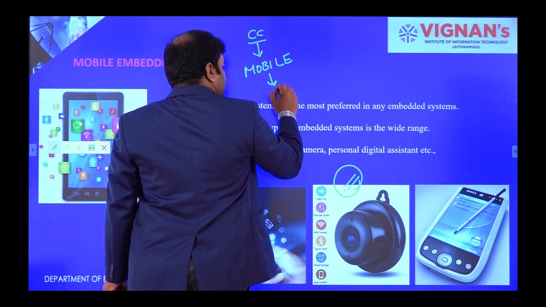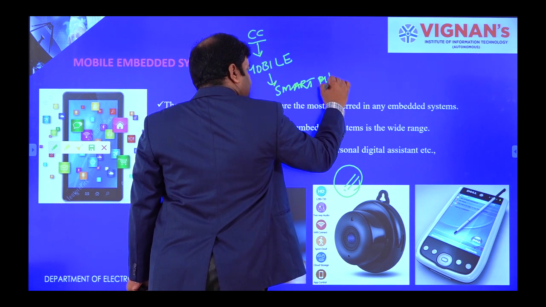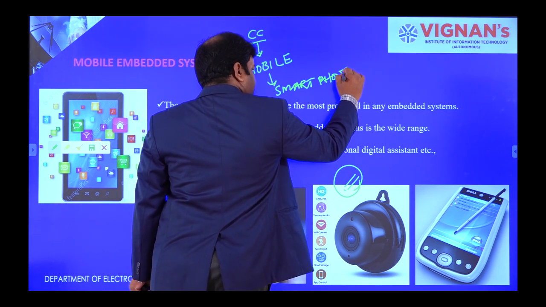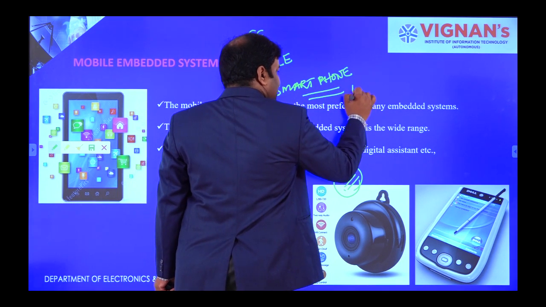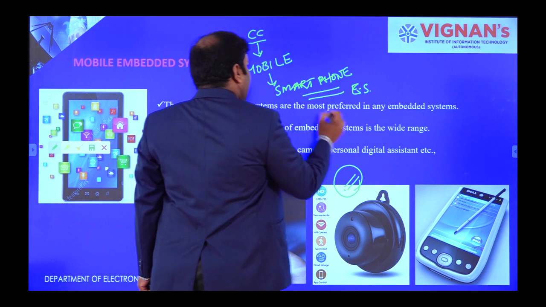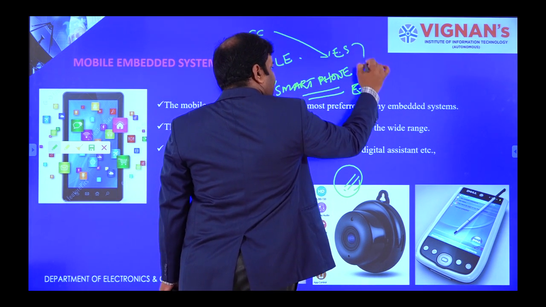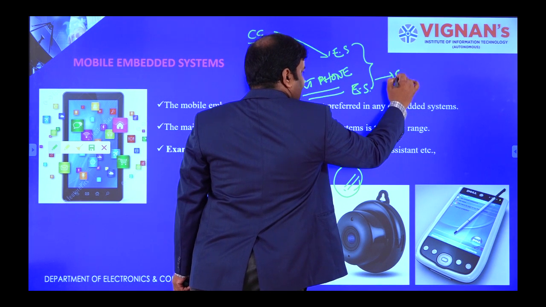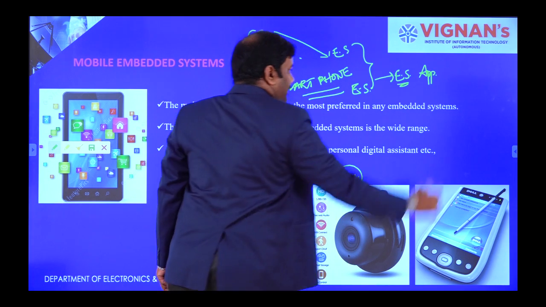The smartphone itself is an embedded system, and the camera itself is an embedded system, and both combined work as embedded systems applications.